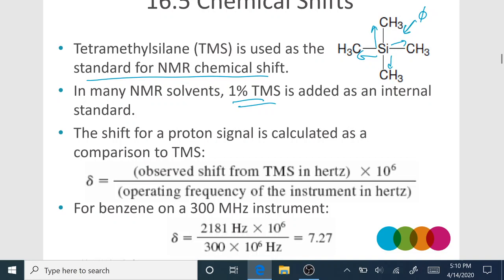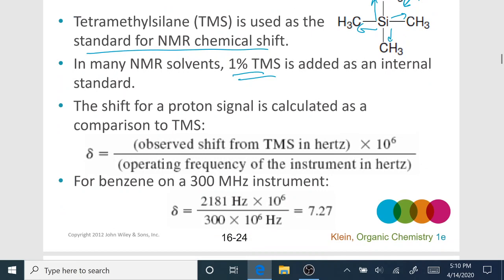We're going to talk about what that shielding means to our chemical shift in the next section, but just know that we set that signal to 0 as our internal standard. The signal is calculated relative to TMS as the observed shift from TMS in hertz divided by the operating frequency of the instrument.